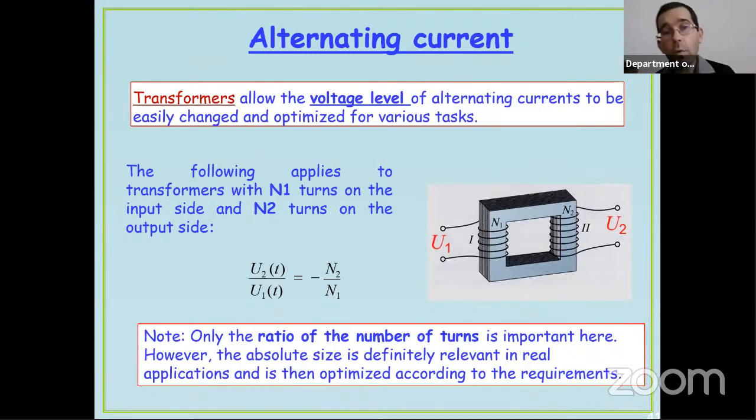And then we have to talk about transformers. These transformers have a very similar construction to the experimental setup of Faraday. Here we have a common core, and this common core contains two coils with different numbers of turns, N1 and N2.